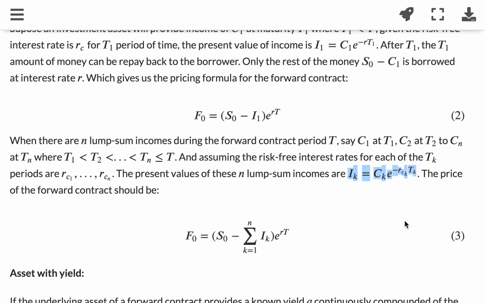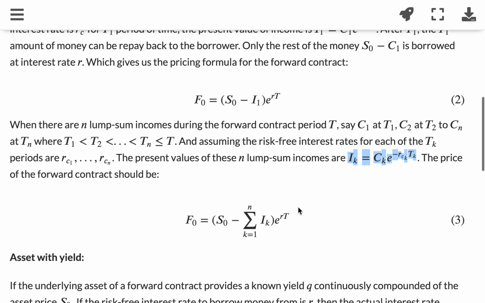The price of the forward contract will just be this one. So this is the same. It's just that here we subtract one I, and here we subtract a sum of I.